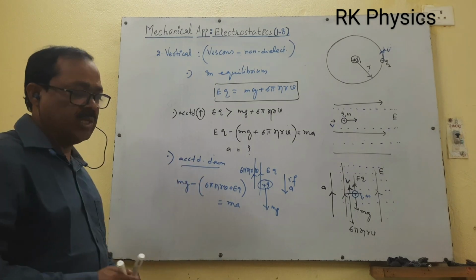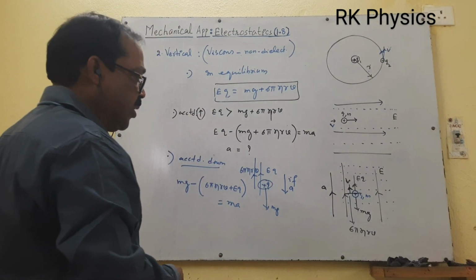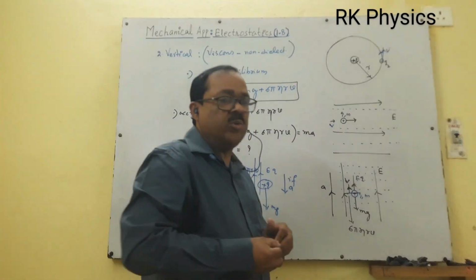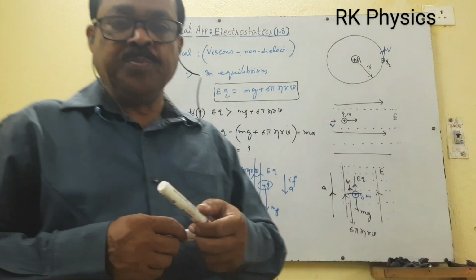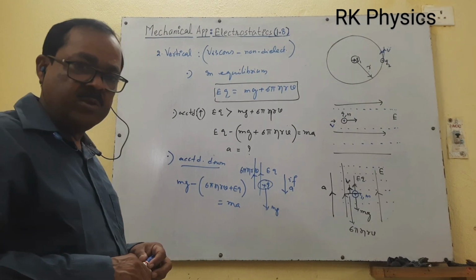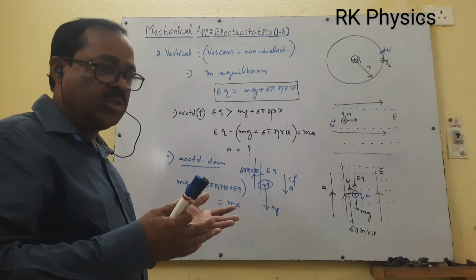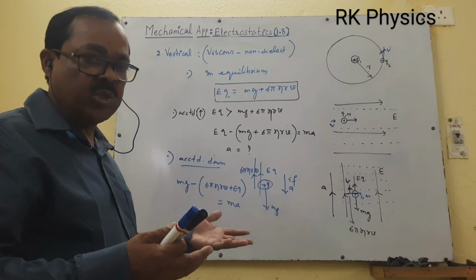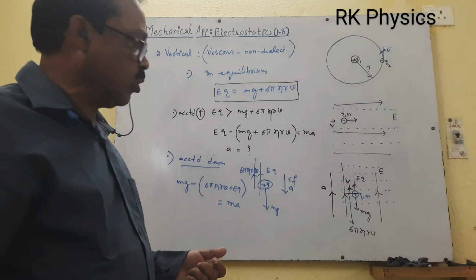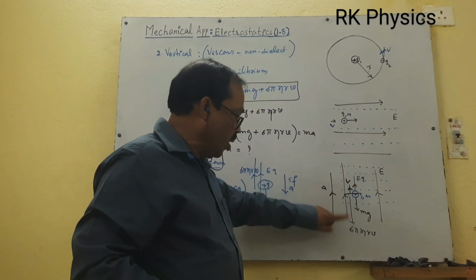So mark the difference. The direction of EQ is fixed, the electric field is fixed, and the direction of weight is always towards the center of the earth. But what is the direction of motion of the charge within the fluid? If a body is moving in any direction within the fluid, the duty of the viscous force is that it always opposes the motion. Therefore, if acceleration is along up, the viscous force is in the opposite direction.